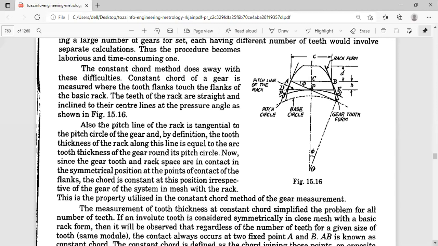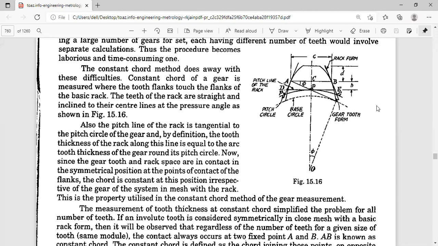So this is the principle we are discussing: the gear tooth and the rack space are in contact at the symmetrical position at the points of contact of the flanks. So the chord is constant here. That's why it is known as the constant chord method.